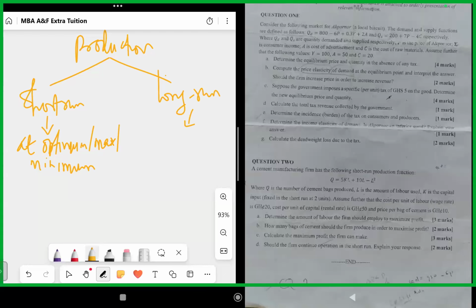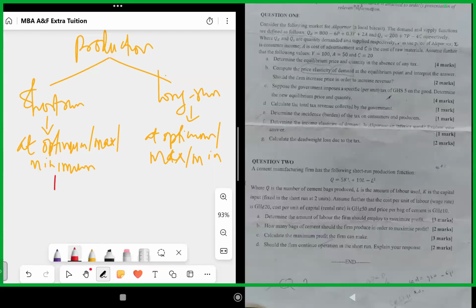The same on this side: at optimum, at maximum, or at minimum.